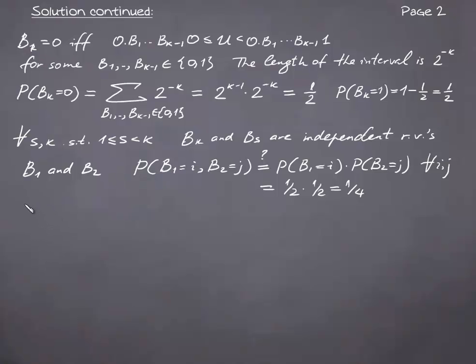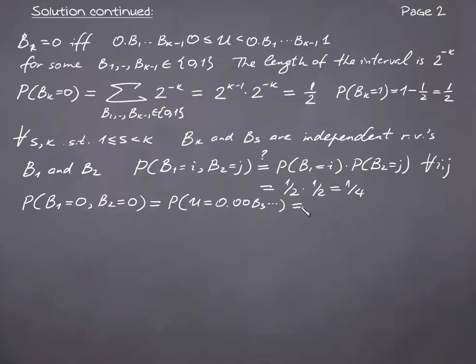For example, how can we find the probability that b1 and b2 are both 0? This happens again if and only if u has the following binary representation: 0.00, and then we have other digits.